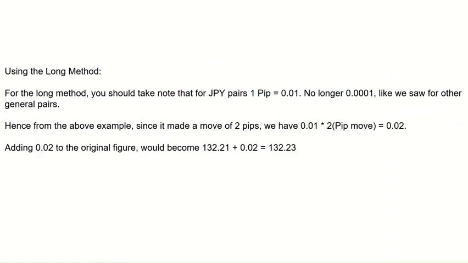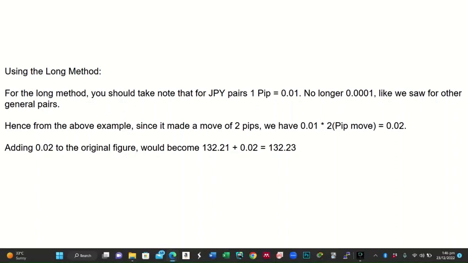So 2 pips multiplied by 0.01, which is the standard value for each pip movement. Then it will give us 0.02. So if we add 0.02 to the original figure, it will become 132.21 plus 0.02, then it will give us 132.23. I hope you get this now.